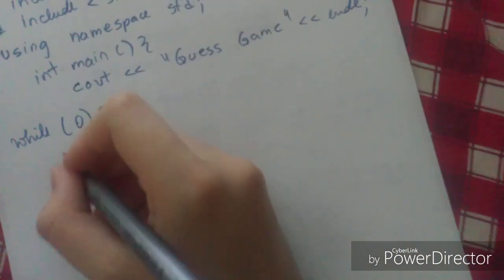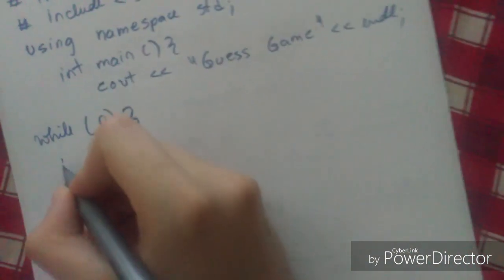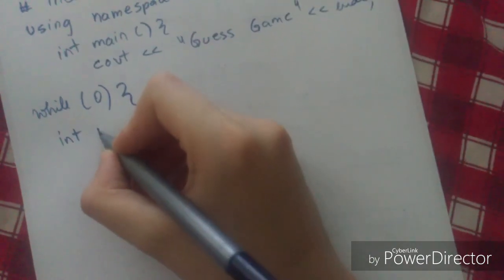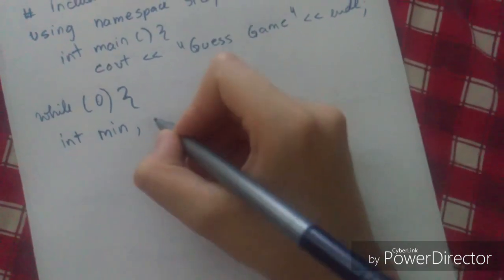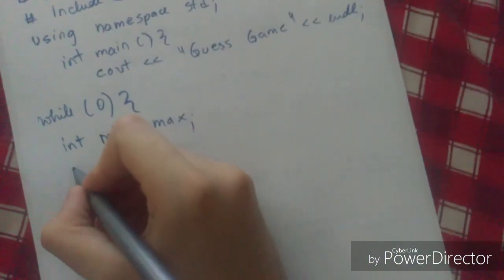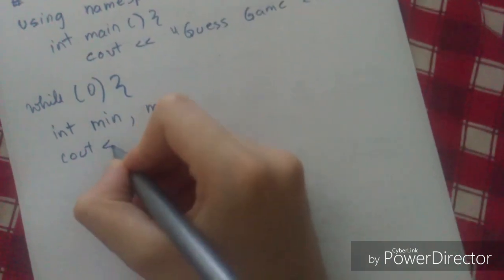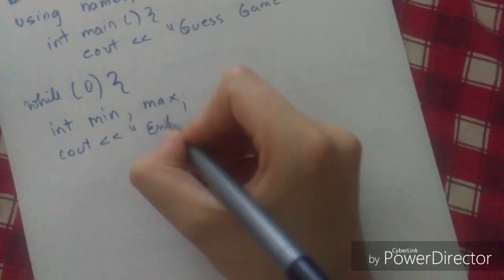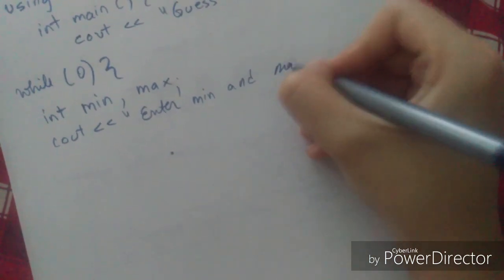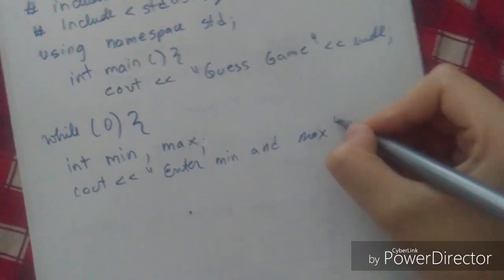And then we're going to have the boundaries for the number. Remember that in our algorithm we stated that we need boundaries. So we're going to create two boundaries, int min and max. And now we're going to ask the user to enter the minimum and the maximum.